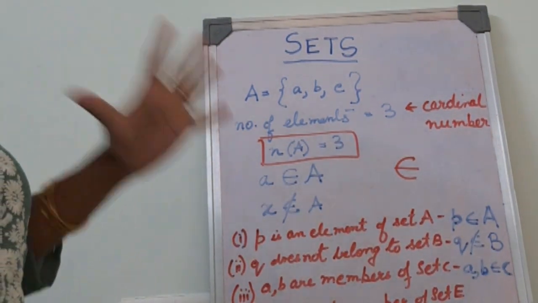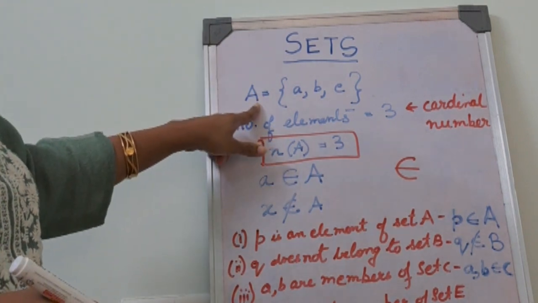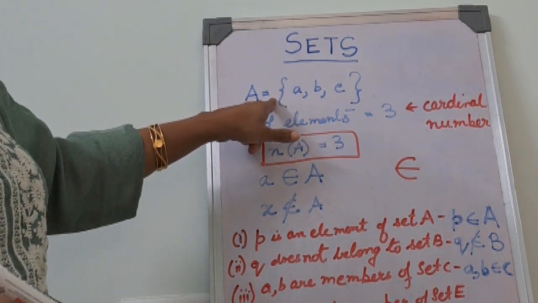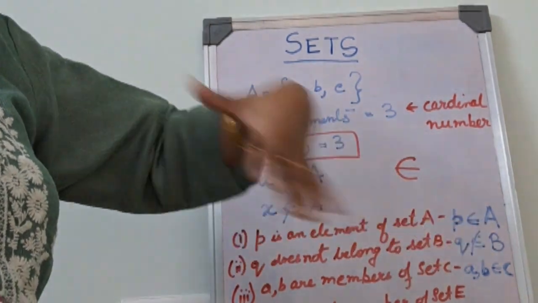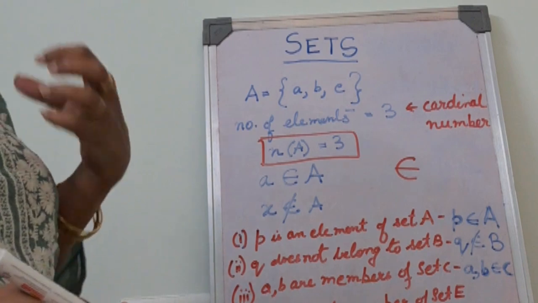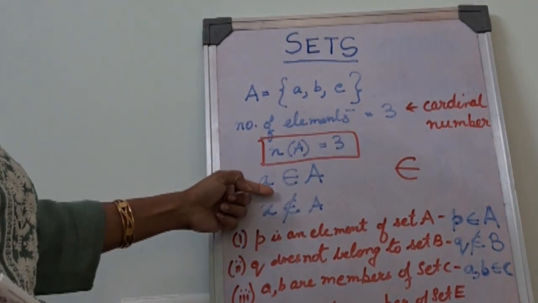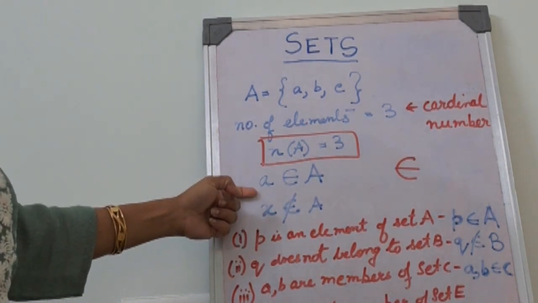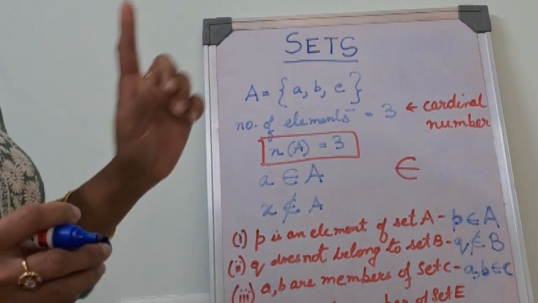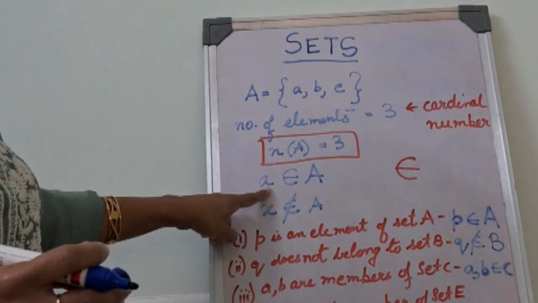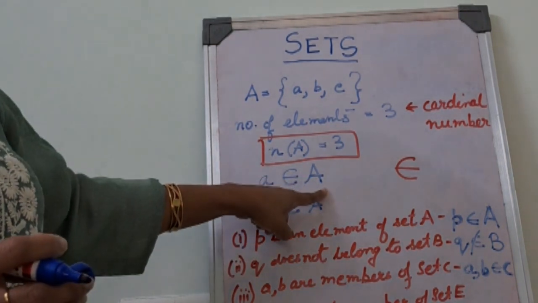Now in this situation, one thing you have to keep in mind is that when we represent the set A, we write the elements within the curly bracket. But when we are notating them or representing them as a member, say using this belongs to, we should not put it under the curly bracket. When you put it under curly brackets, that means it becomes a set. So you should write only the element when you are writing it as belongs to the set.